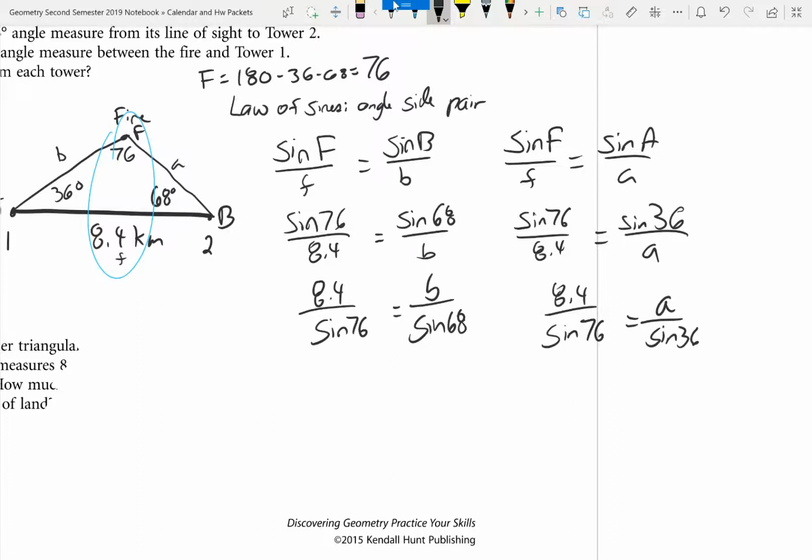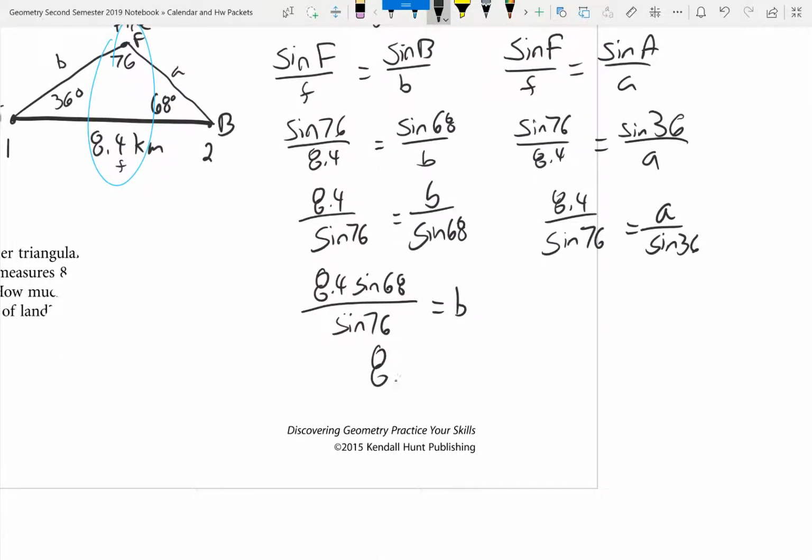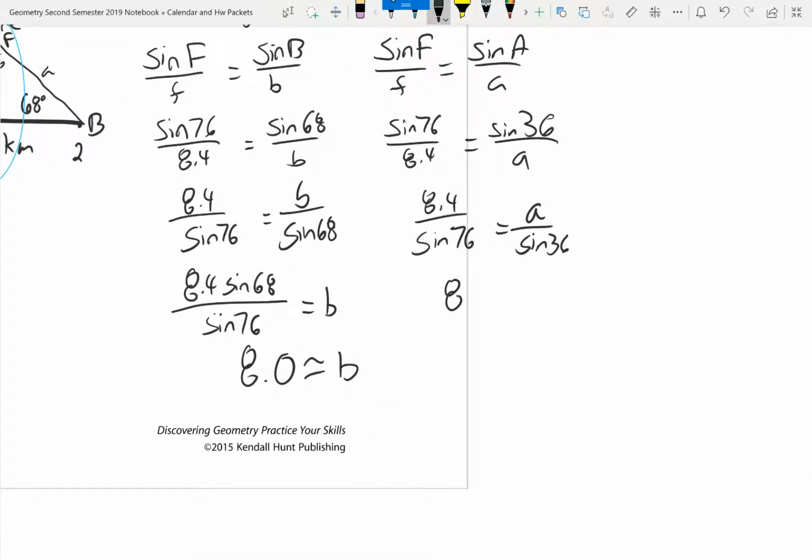So multiply both sides by sine 68. And when we solve that, what do we get? About 8.0. And then multiply this by sine 36 too. And when we solve for that one, we should get about 5.1.